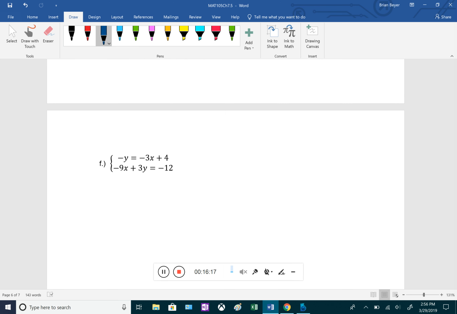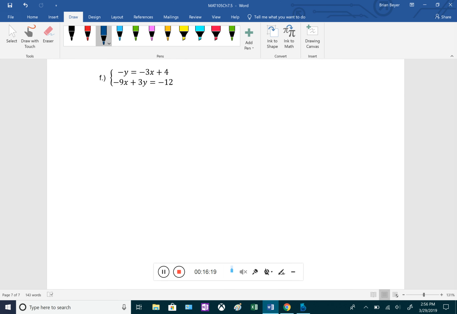So one more, we have negative y equals negative 3x plus 4, and negative 9x plus 3y equals negative 12. So first we have to get this in the correct form. So the first one, we have to add 3x to both sides, so 3x minus y equals 4. Second one was already good, negative 9x plus 3y equals negative 12.